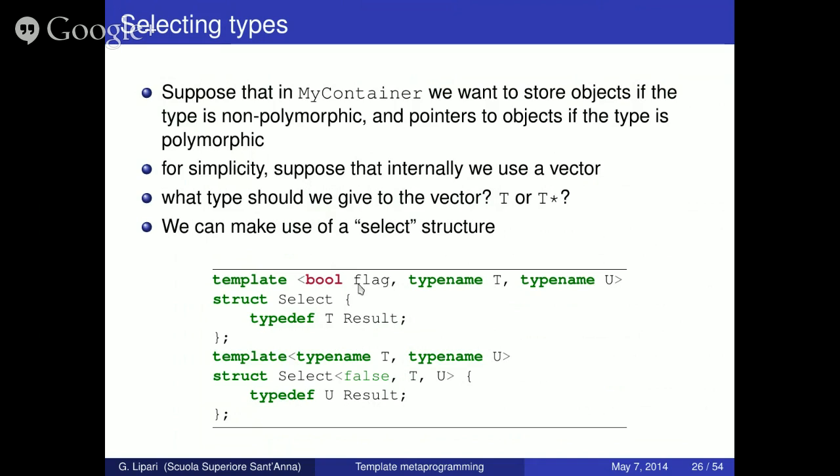So depending on the value of the first parameter, flag, result is T or result is U. So this select is again one implementation of an if-then-else. If true, result is T. If false, result is U.